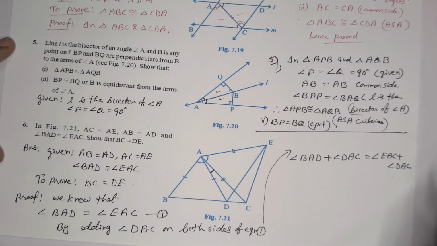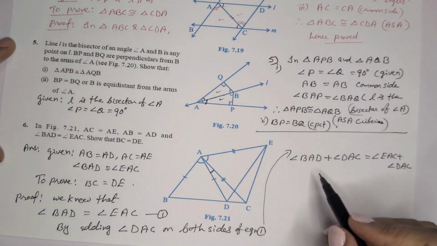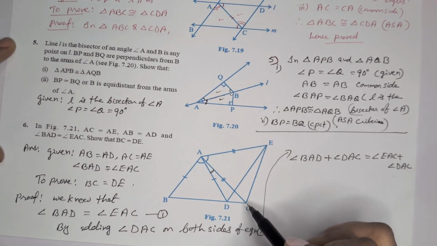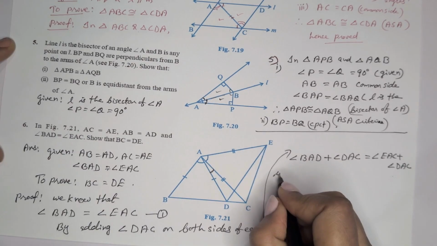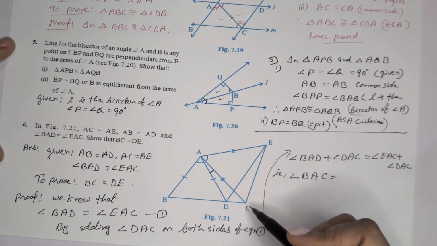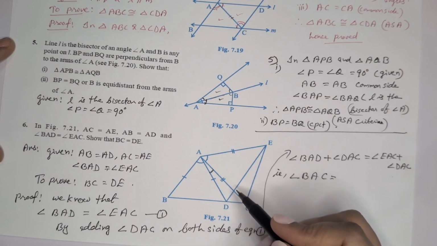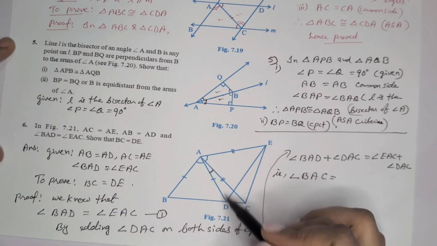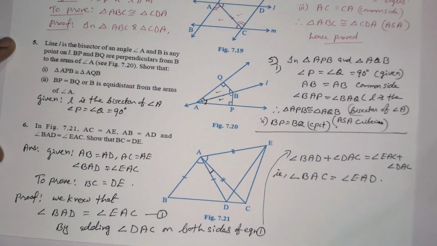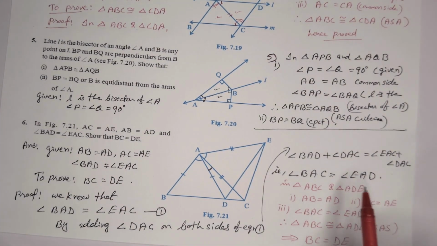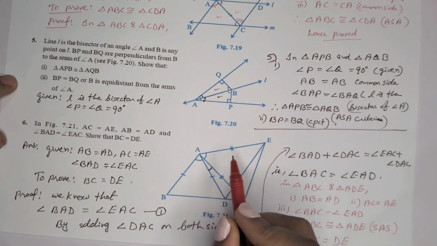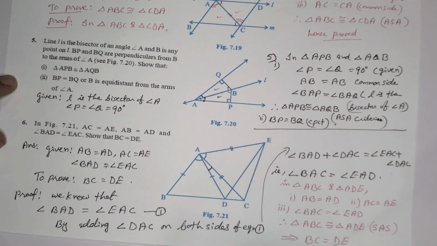Now BAD plus DAC becomes BAC, and CAE plus DAC becomes EAD. So angle BAC is equal to angle EAD.